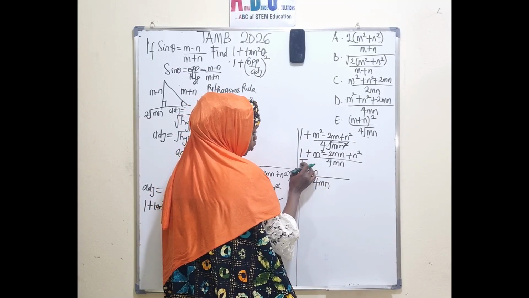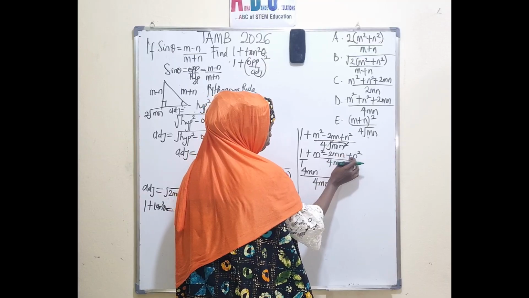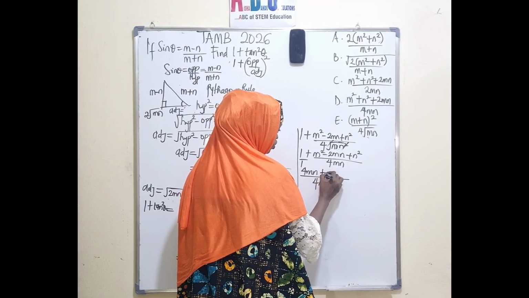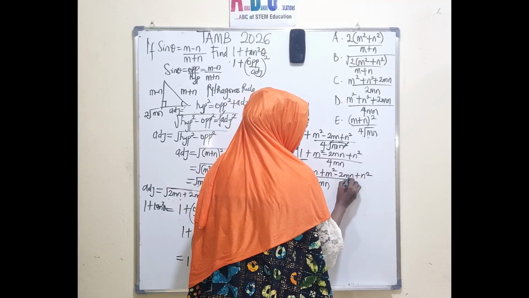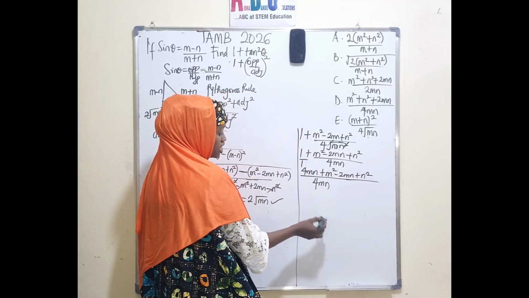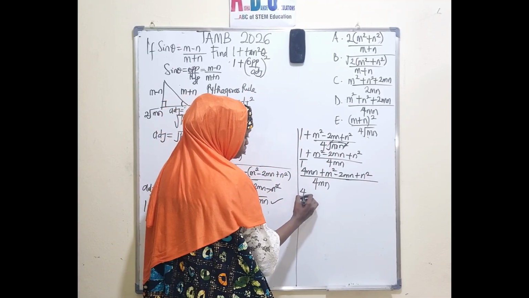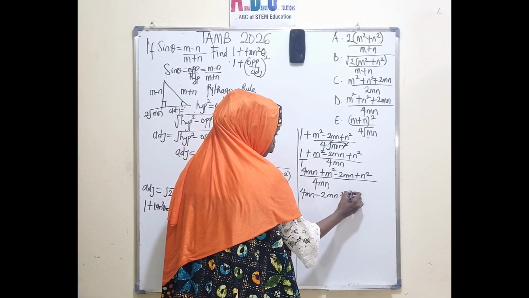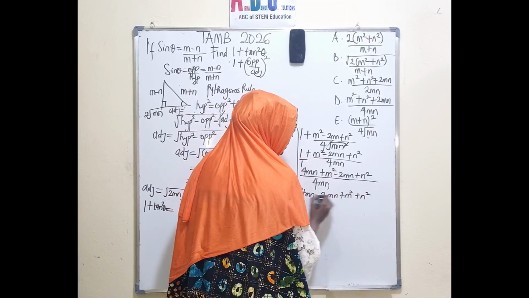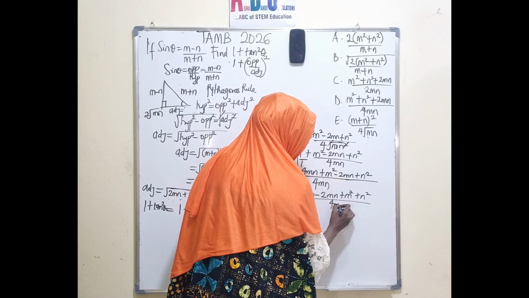Then 1 times m squared minus 2mn plus n squared will give me plus m squared minus 2mn plus n squared. You know the value doesn't change, we're just multiplying by 1. Now let's collect like terms. This becomes 4mn minus 2mn plus m squared plus n squared over 4mn.